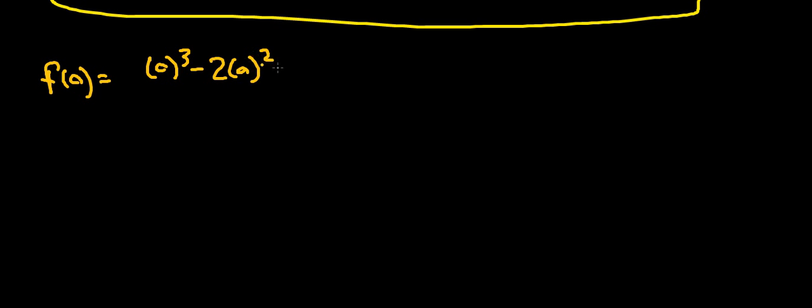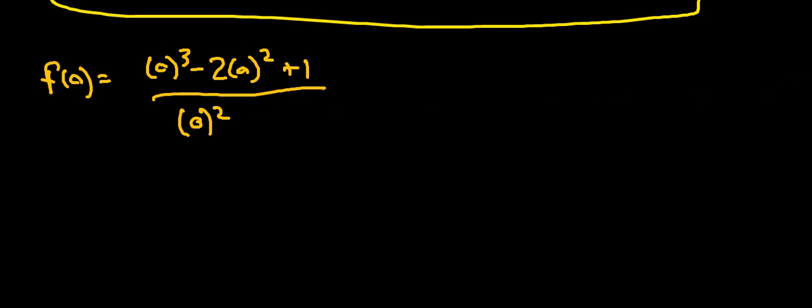So for the y-intercepts we need to put in f of 0, which is going to be 0 cubed minus 2 times 0 squared plus 1 over 0 squared.